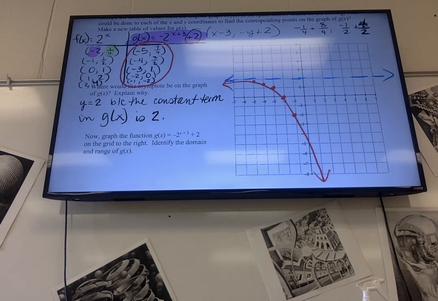Would you call this growth or decay? Decay, because we can see in the picture that as I go from left to right, the graph is going down. So it's decay.